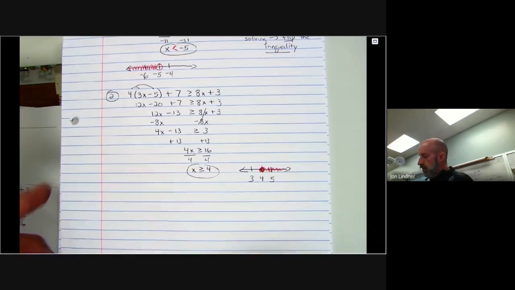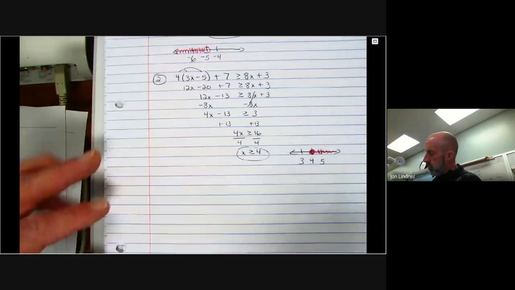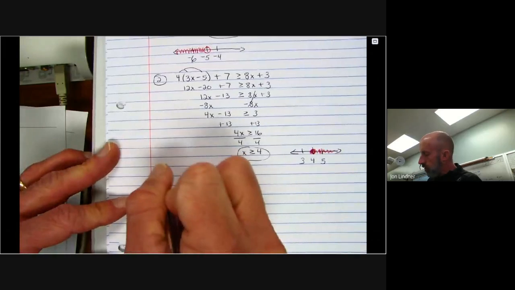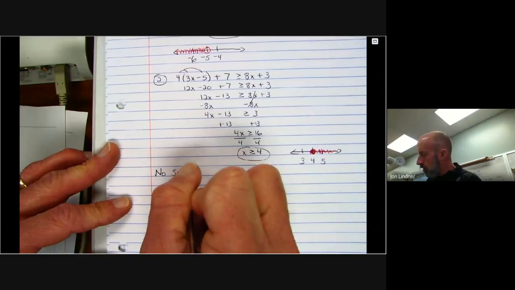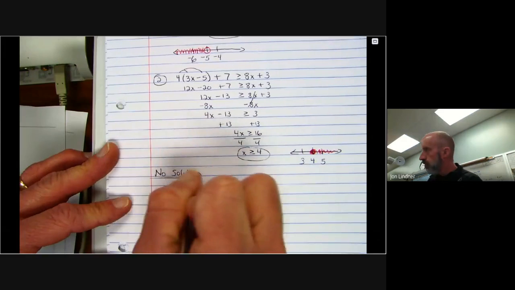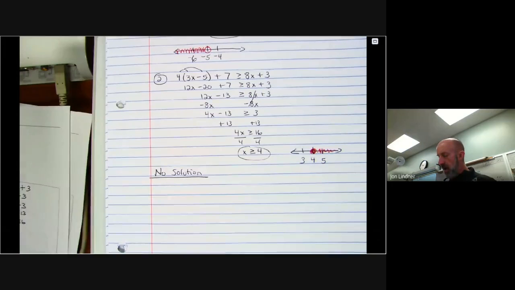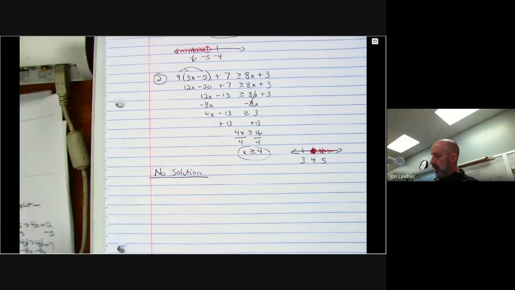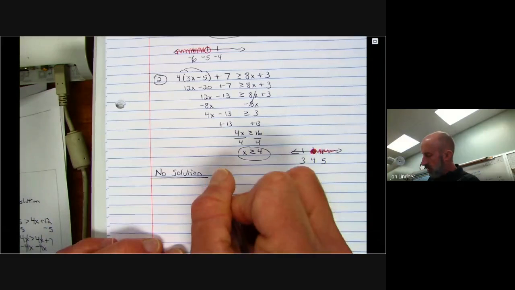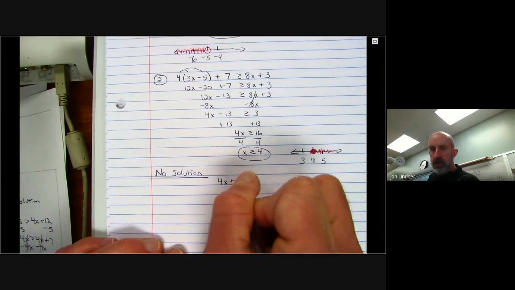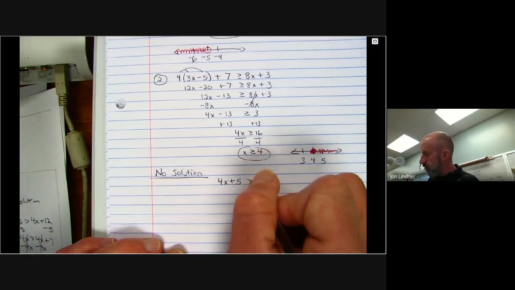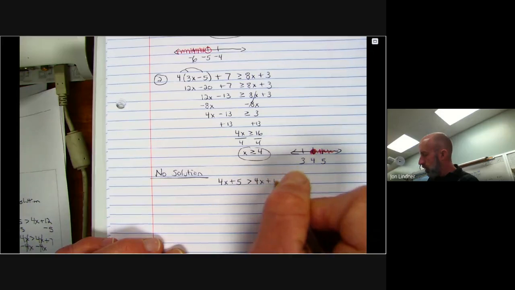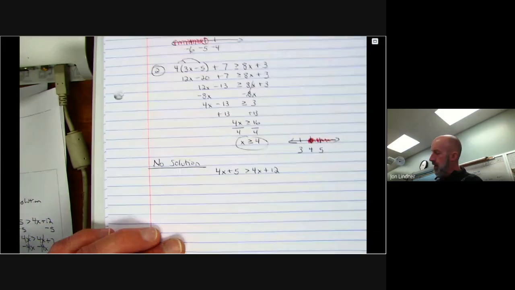Now, there are two possibilities I need to make you aware of. You could get no solution on these problems. How would I get no solution? Well, let's say that I had a simple problem like this: 4x plus 5 is greater than 4x plus 12, and I was supposed to solve that one.